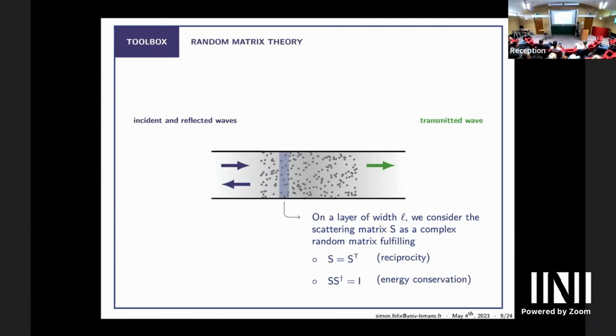The difference between a chaotic system and a disordered system is that if I consider a larger size of disordered medium, I will lose this property of equal probability of being reflected or transmitted. The transmission will be lower and lower. To account for this, I have to consider the scattering process only at the scale of the mean free path, and then add this layer by layer.